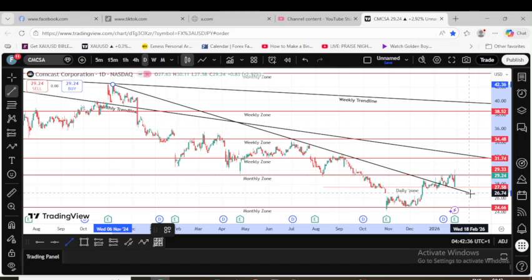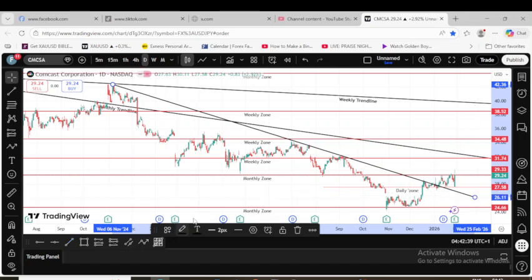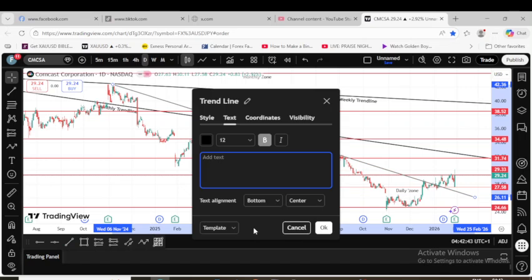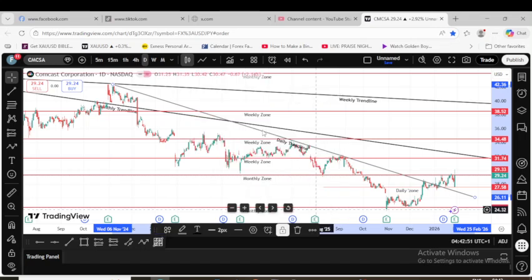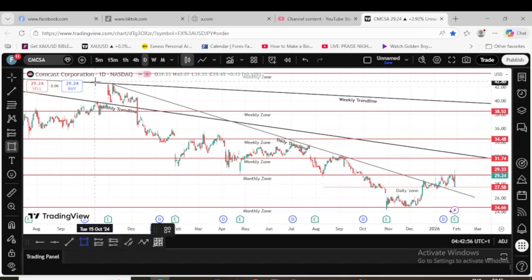Okay, we have a trend line like this. This will be my daily trend line. And then this will obviously be my trend origin.